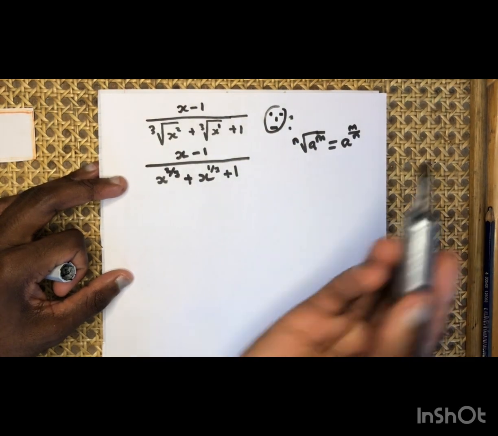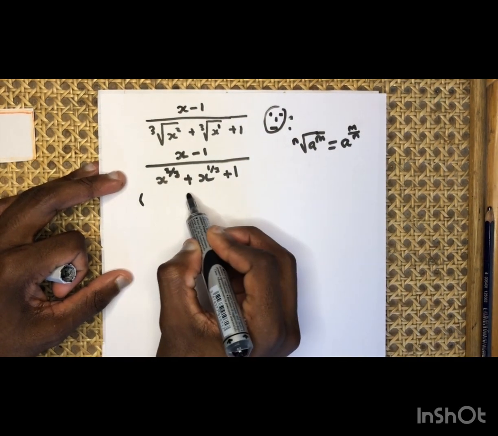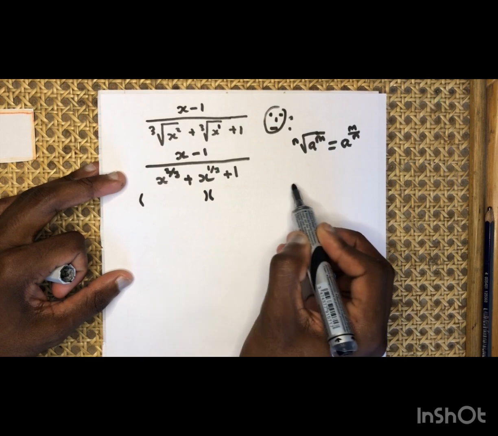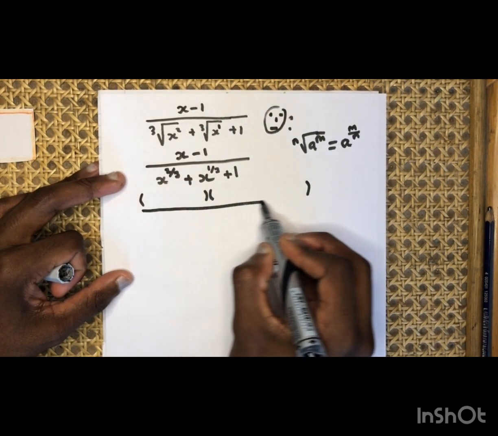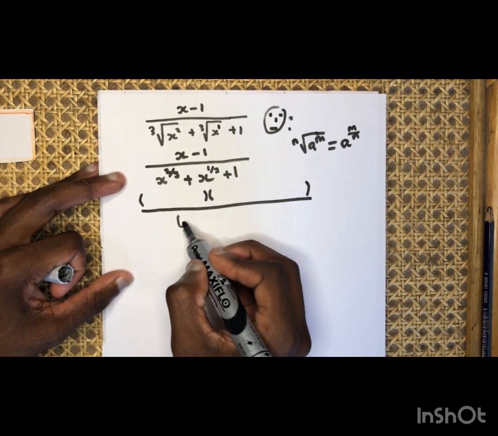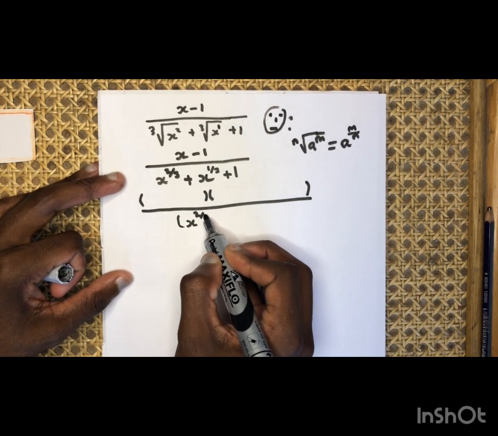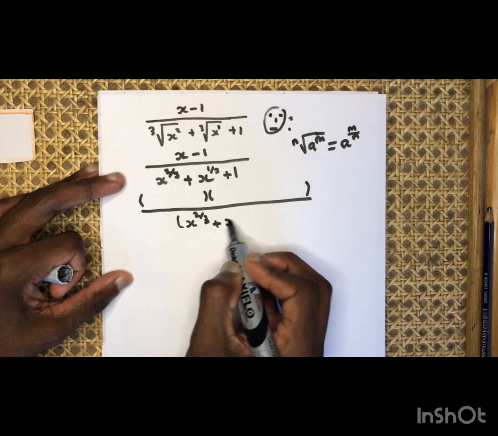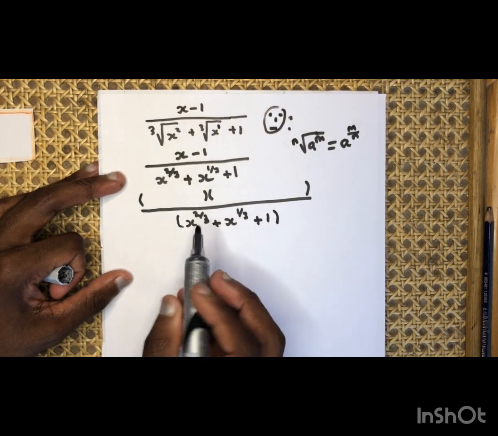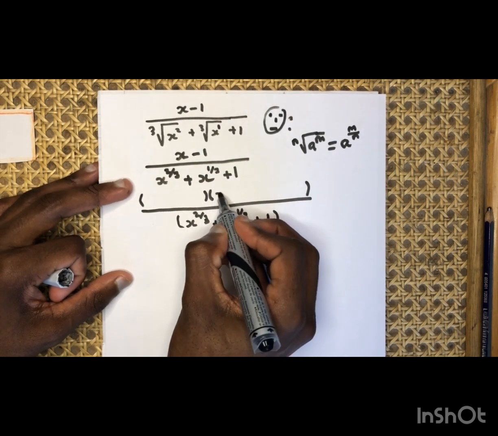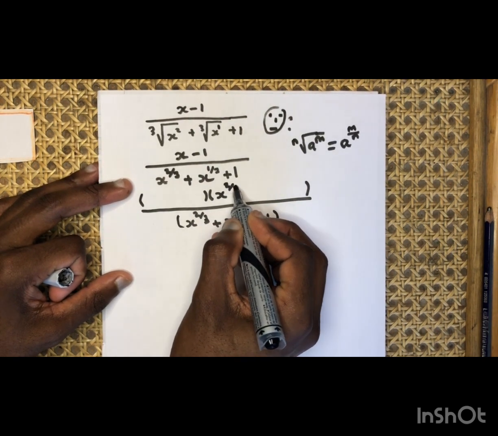So I'm going to factorize the numerator. If I factorize the numerator, deep down I know that I must get rid of this. So I'm going to keep my denominator as it is. So I have x to the 2 over 3 here, plus x to the 1 over 3 plus 1 here. Remember, I want to destroy this. I will have x to the 2 over 3 again here.